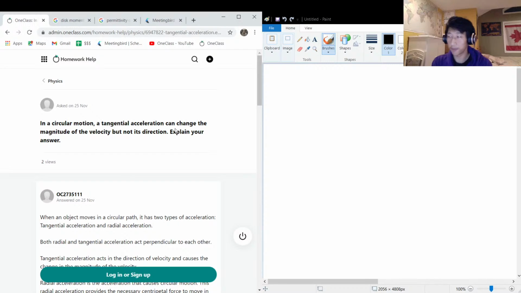Let's get it moving on our first question of the day. It asks us: in circular motion, a tangential acceleration can change the magnitude of the velocity, but not the direction. Explain why. Let's interpret that as explaining what is going on. Why is that even possible?